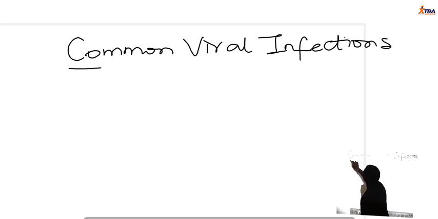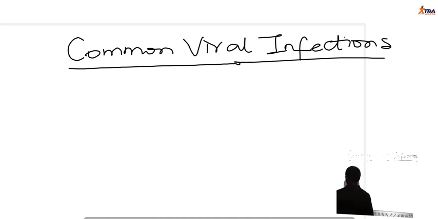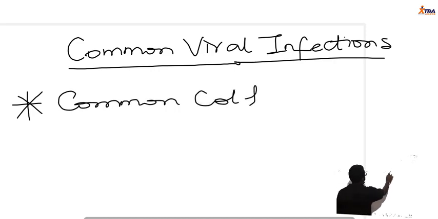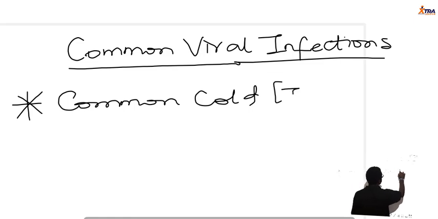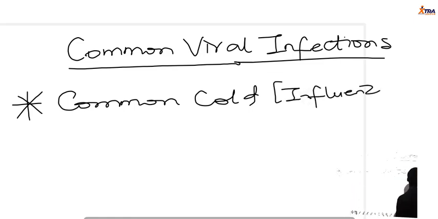So try to eat well, eat good food so that you don't pass out from those mild viral infections. So the common cold is an example, and the virus responsible for this is the influenza virus, an orthomyxovirus. Somebody who has common cold actually has the influenza virus as the virus implicated.